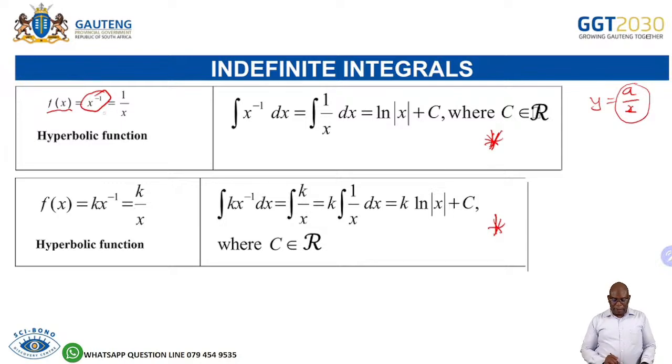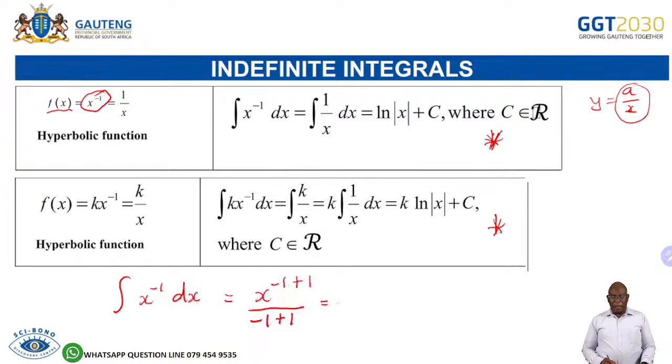Remember, if I want to integrate this, I have the integral of x to the power minus 1 dx. So I'm going to have x to the power minus 1 plus 1, all over minus 1 plus 1.